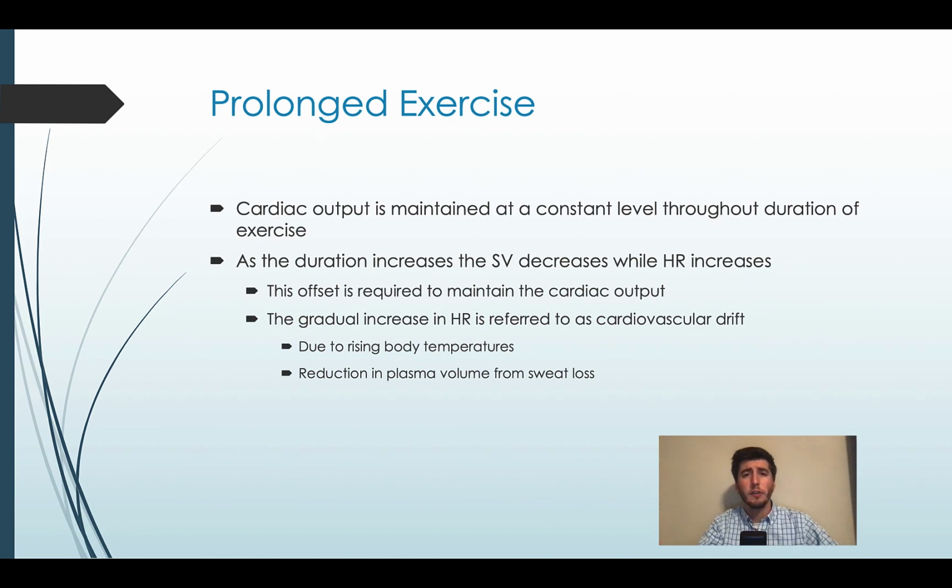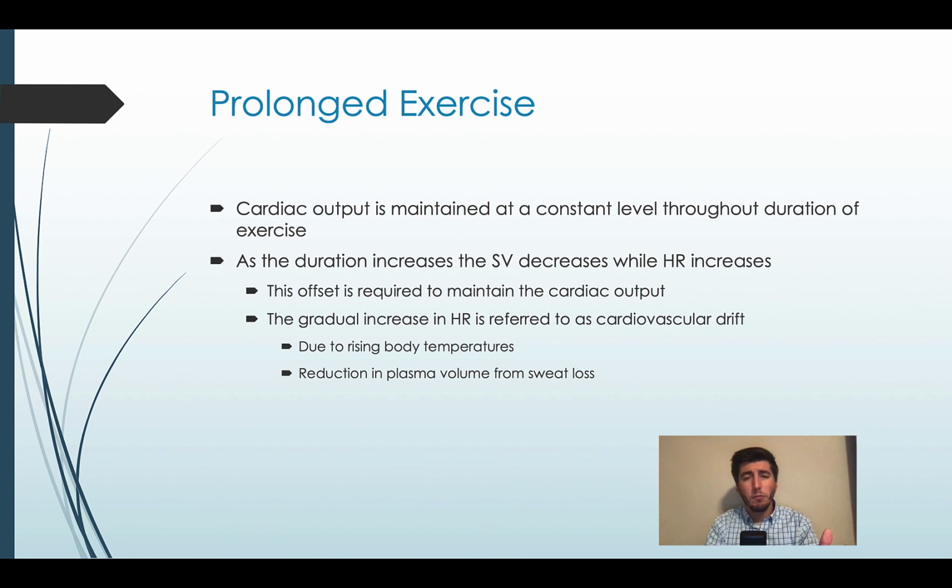During prolonged exercise, think about this as running a marathon or running an ultramarathon or exercising for long durations in the heat. Essentially, cardiac output is going to be maintained. Q is going to equal HR times SV. At some point during that prolonged exercise, as the duration continues to increase and as the distance continues to increase and the mileage continues to compound, your stroke volume is going to actually begin to decrease some.